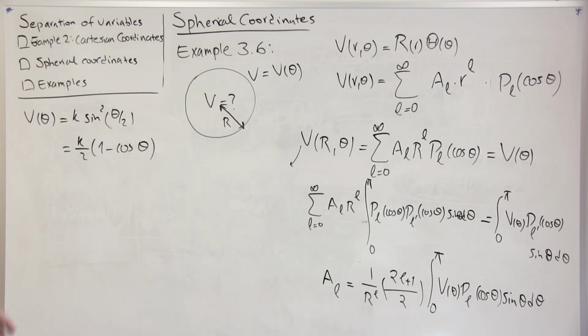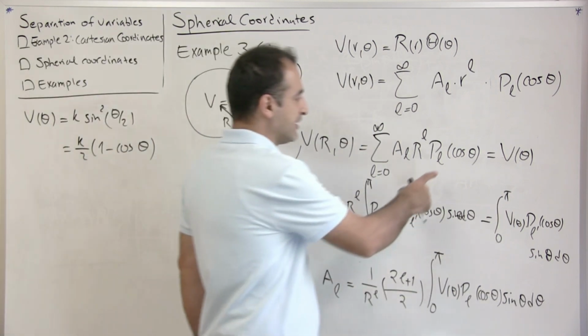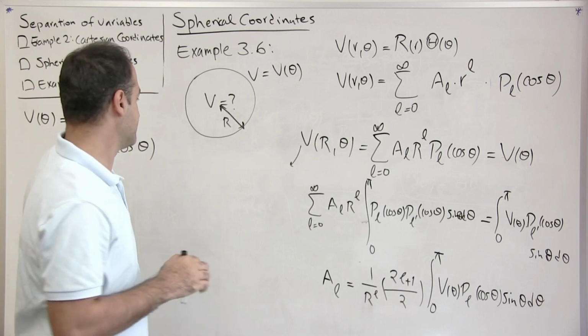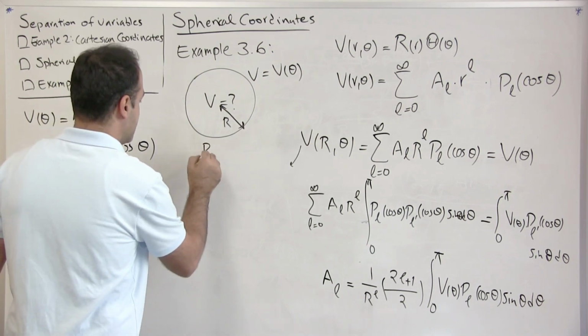Now if you look at this, the boundary condition has the form of 1 minus cosine theta. And if you remember the P_L functions as a function of cosine theta, the first few terms were easy. So let's write that down.